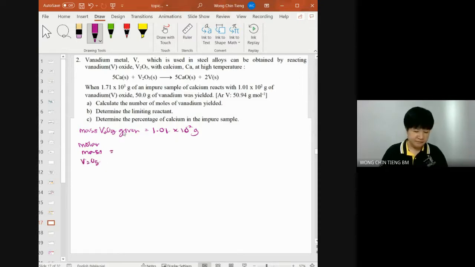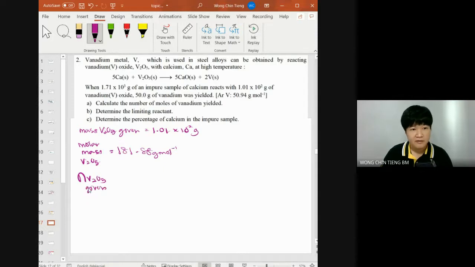Kira sendiri ya. You have 181.88 gram per mole. Tunjuklah, saya tak tunjuk sebab saya nak cepat. Kamu tunjuklah. So from there, kamu boleh dapat number of mole of V2O5 given.